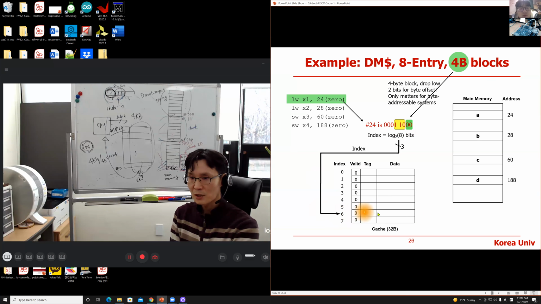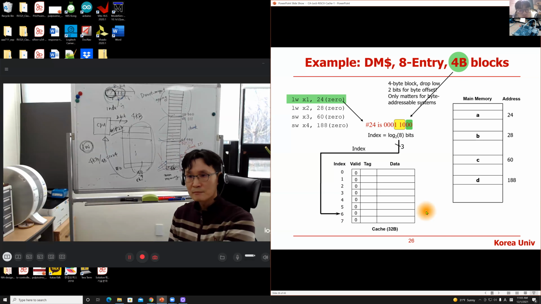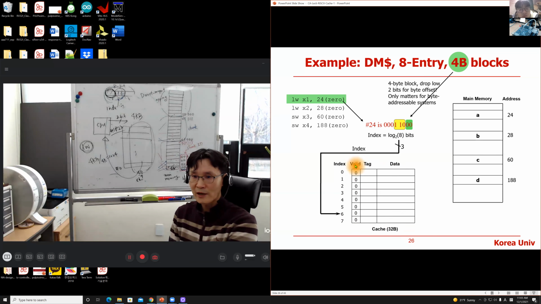Is it a cache hit or miss? Does the cache contain the information you are looking for, or not? It does not. Valid bits are all 0, meaning it contains junk information. So we have a cache miss.